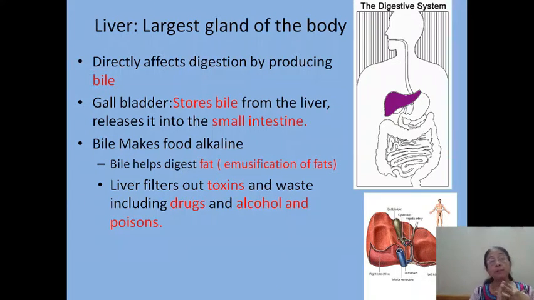So bile helps in the emulsification of fat, meaning breaking of fats. And the liver has a very important work. It filters out toxins and waste including drugs, alcohol and poison. मतलब बाइल जूस को प्रोड्यूस करने के साथ साथ लिवर टॉक्सिन्स को भी रिमूव करता है.